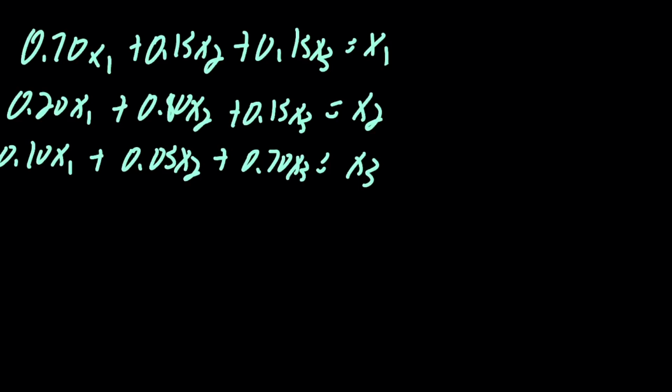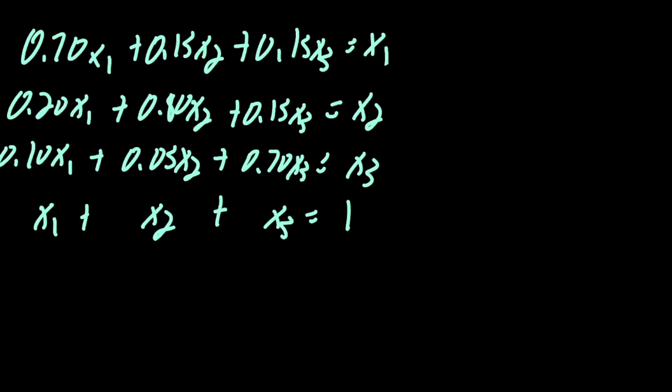And remember, P is stochastic. So what does x1, x2, and x3 have to add up to? It turns out it has to equal 1. And there we have it. We have another way to represent the problem at hand to find the steady state matrix.